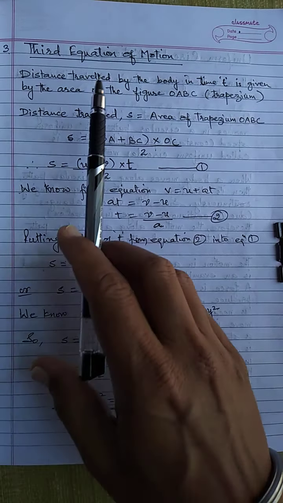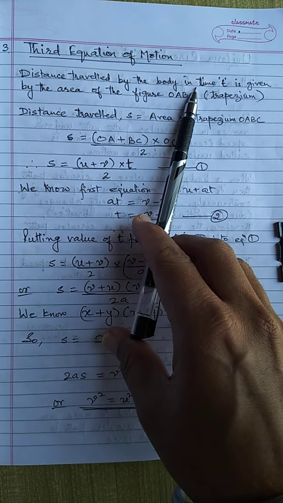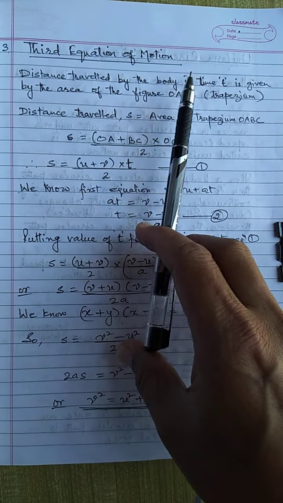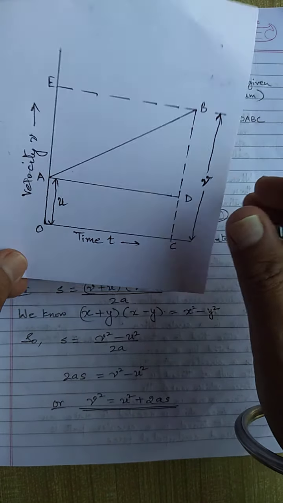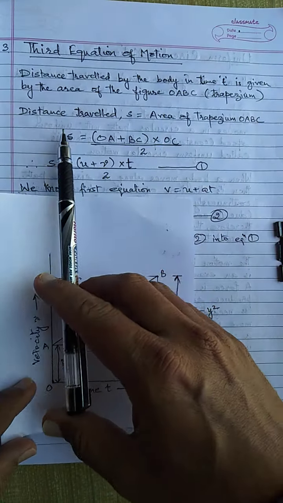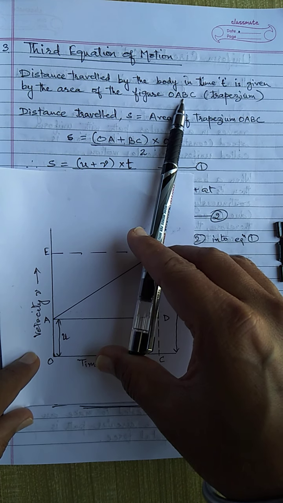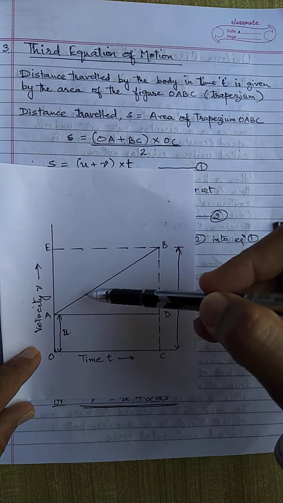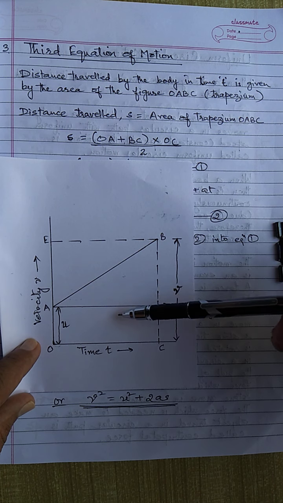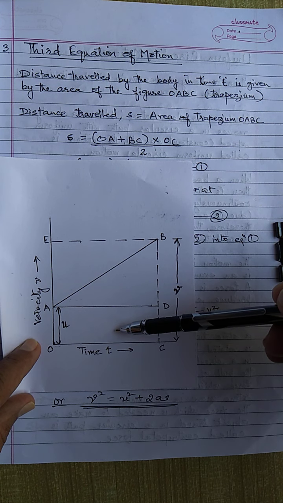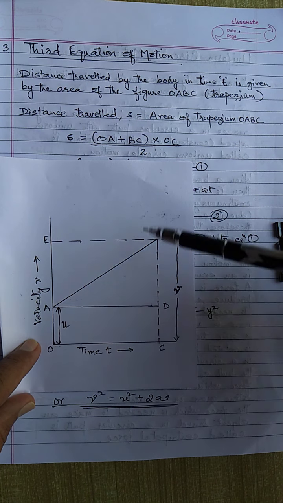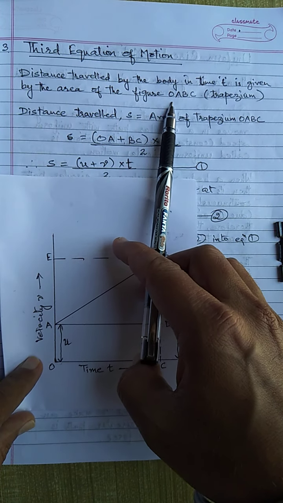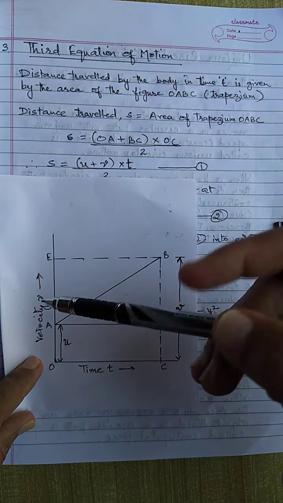Now the third equation of motion. The distance travelled in time t is given by the area of the figure OABC. Initially we added the area of the triangle plus the rectangle. Now this is a trapezium, so we will write down the area of trapezium OABC.